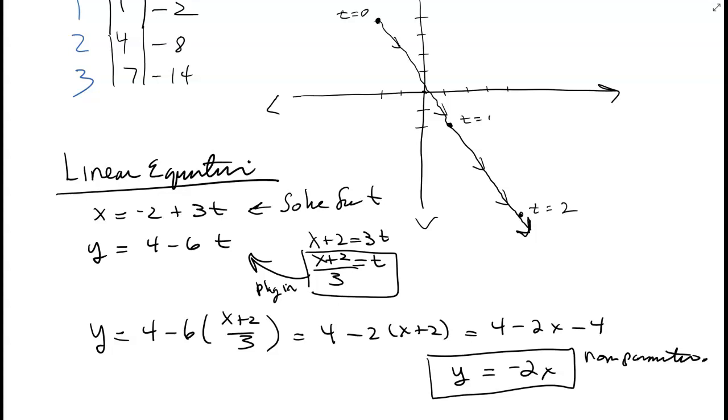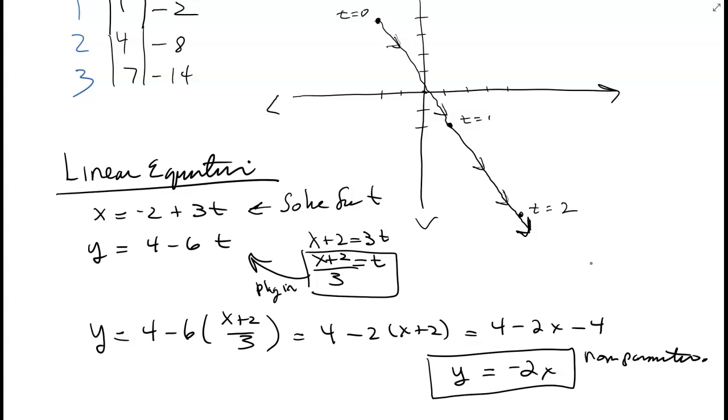And the issue with the non-parametric, again, it doesn't give you orientation of what's happening at t equals 0, t equals 1, t equals 2. This orientation where it's going down just happens to coincide with the slope. That's not necessarily going to happen all the time.